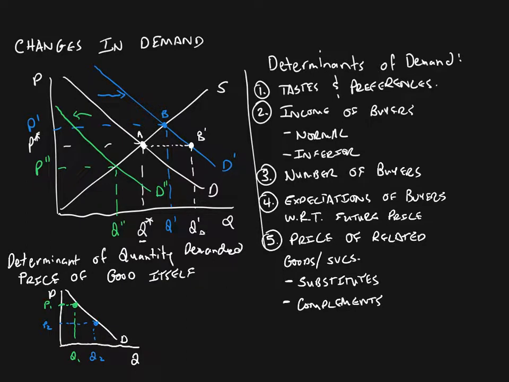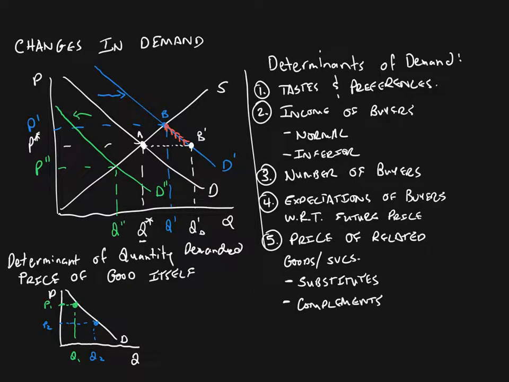So we have a classic shortage here. The quantity supplied is less than the quantity demanded. And what happens is when you have a shortage, buyers start trying to outbid each other to get this product. And so as a result, prices start to rise. And as the price starts to rise, buyers want to buy less. And so they start moving up along the demand curve, buying less and less until the price gets to P prime.